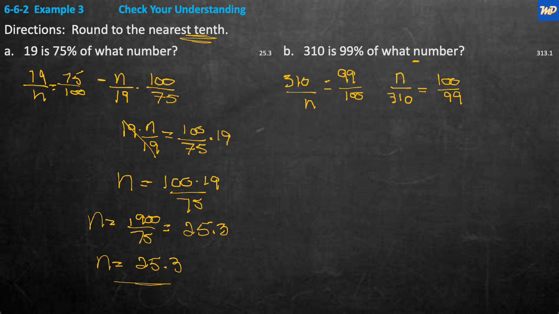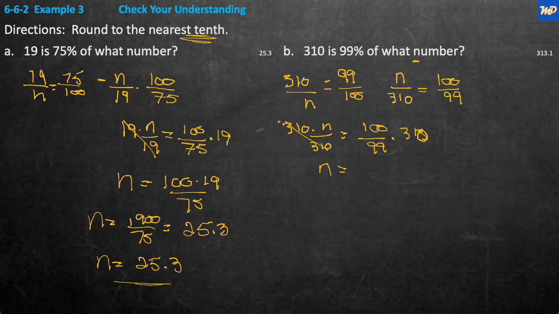Okay? So I'm going to multiply both sides by 310. So 310 times n over 310 is equal to 100 over 99 times 310. The 310s cancel.